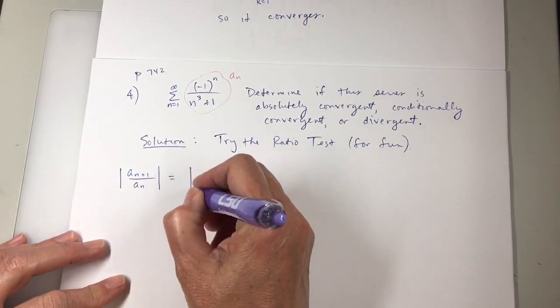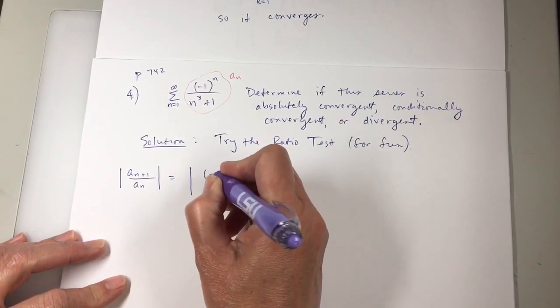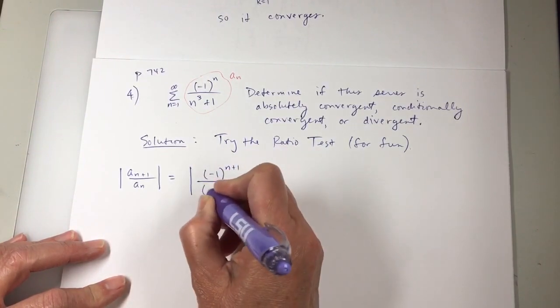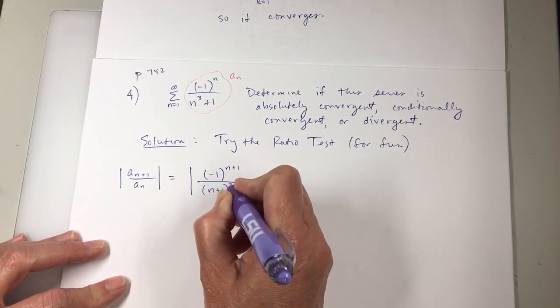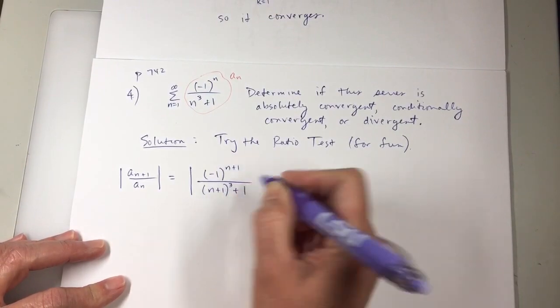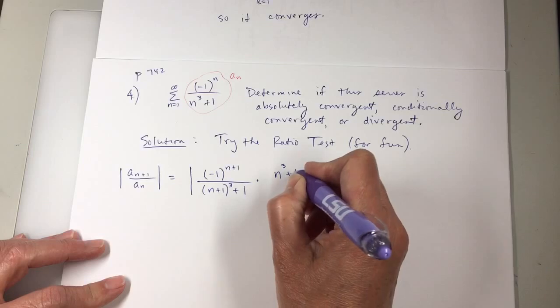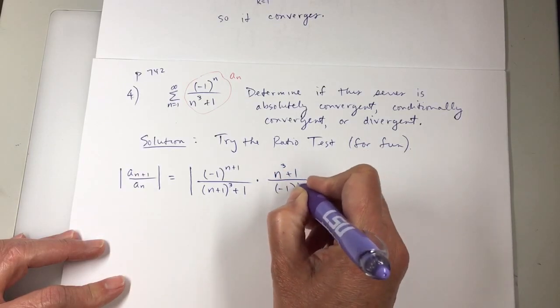So this is going to be the absolute value of (-1)^(n+1) over (n+1) to the 3rd power plus 1, times n cubed plus 1 over (-1)^n.